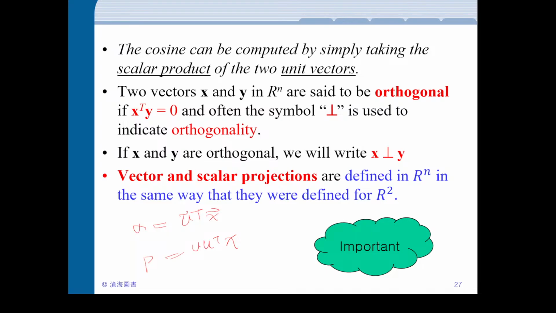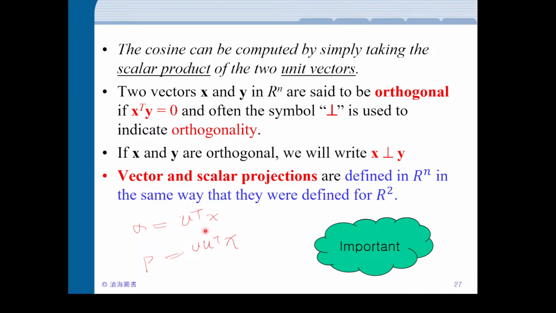So these are basically inner product between vectors and vector multiplication. U^T X is the inner product between U and X, and P is just U multiplying U^T X. In this form, you can also think about this as a matrix multiplication.